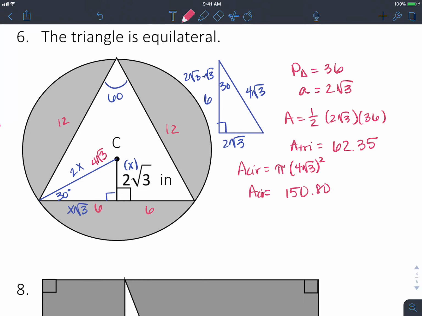The area of our circle is 150.80. So from there, we're just going to subtract. So 150.80 minus 62.35. And we're going to get our area to be 88.45.